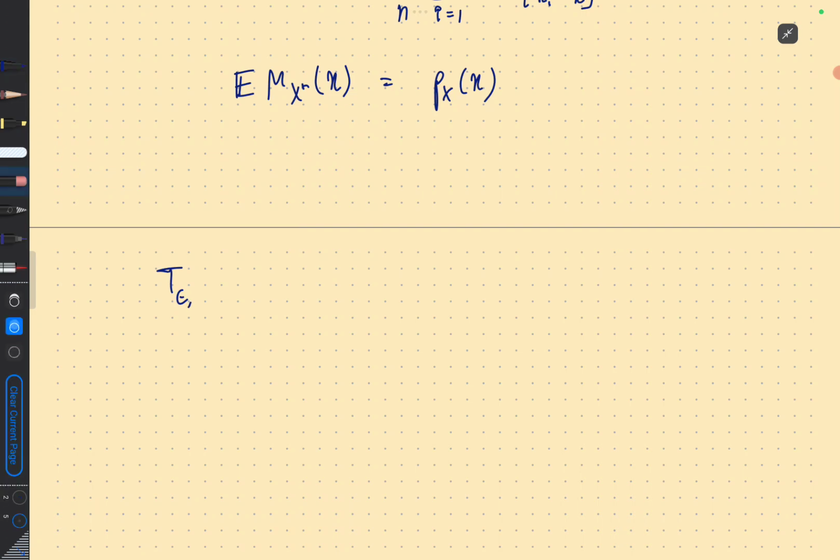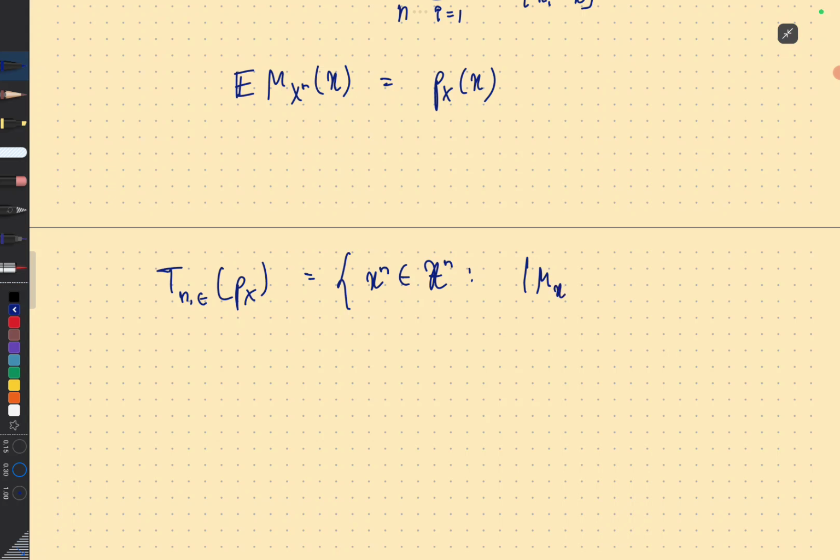So let's define Tn epsilon Px to be the set of all sequences for which the frequencies of occurrence, so the fraction of times x occurs in the sequence xn, minus Px of x, is less than or equal to epsilon times Px of x, and this happens for all symbols x.